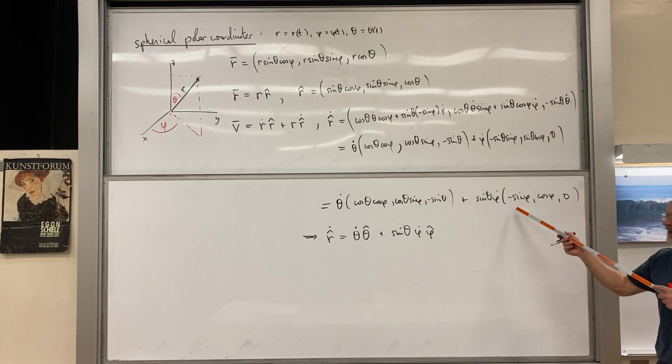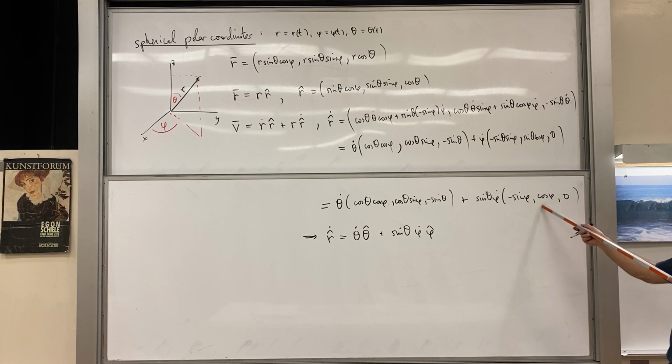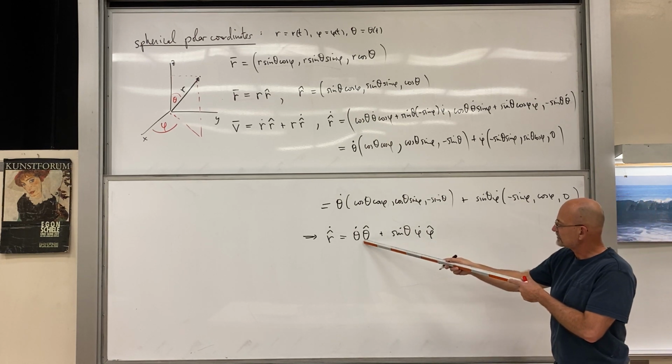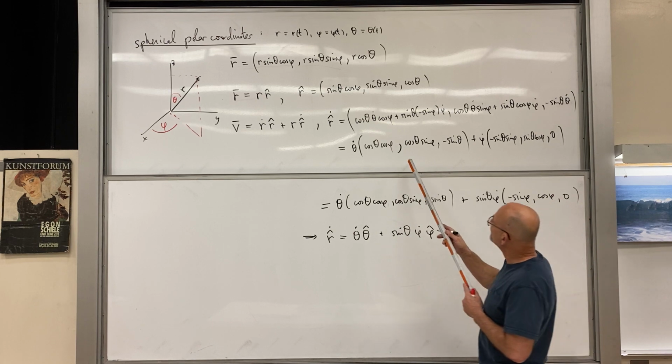In fact, you'll recognize this as our previous phi hat because it's minus sine phi, cos phi. It's got the 0 there. Okay. This theta hat's a little bit different right there, but this should suffice for us to write down what v is.